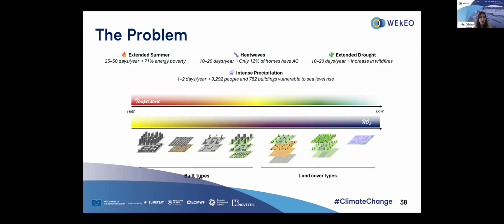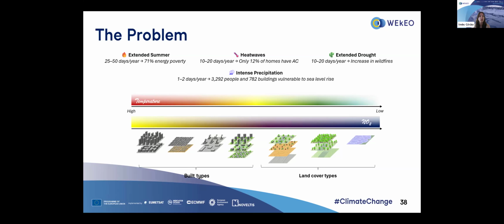So the visual that you see on the bottom of the slide represents a gradient of built and natural surfaces, from dense high-rise blocks to open low-rise areas, and also green or water-covered landscapes. Above this visual, you have the color bars that show examples of key climate stresses such as temperature and NO2 concentrations varying across these environments.